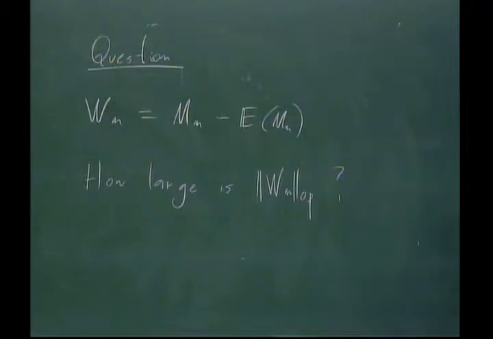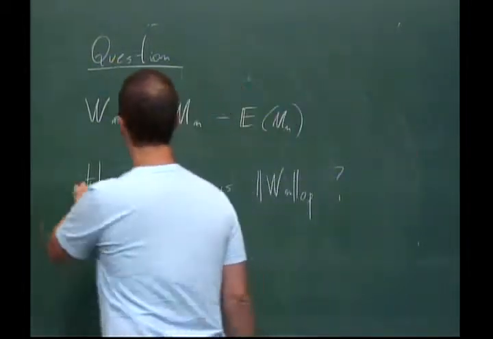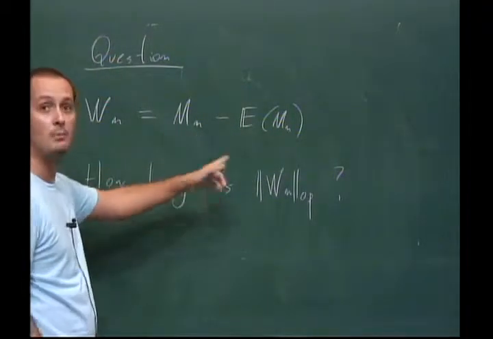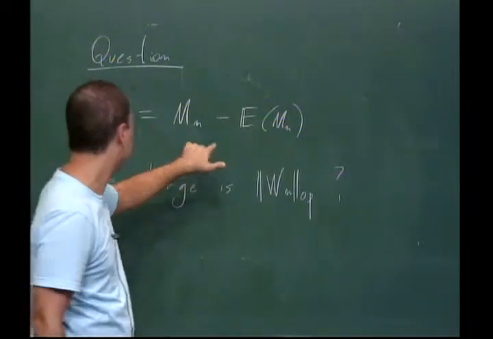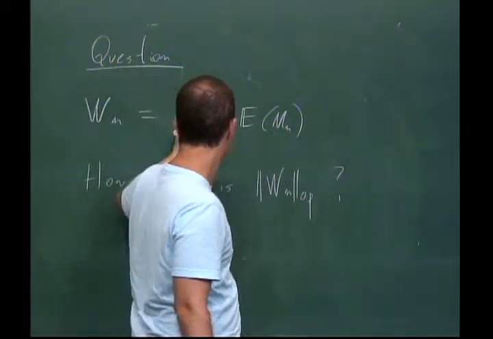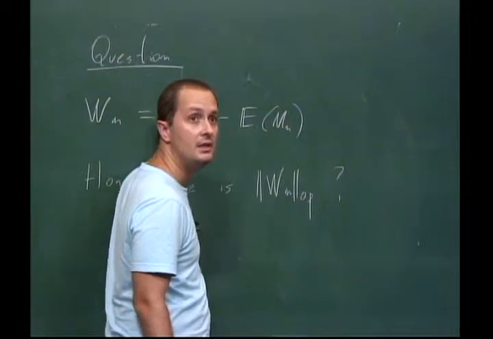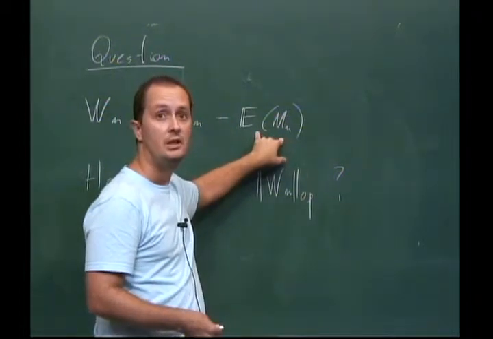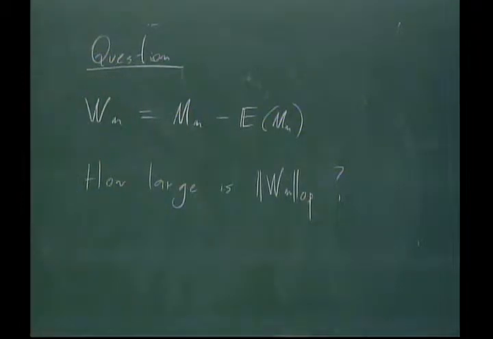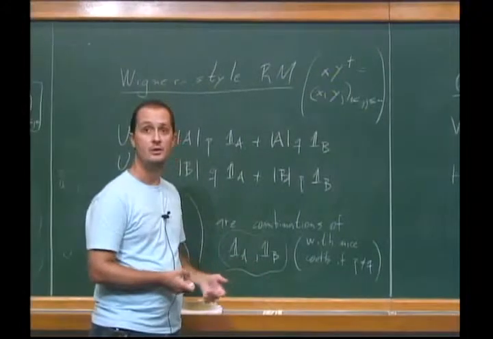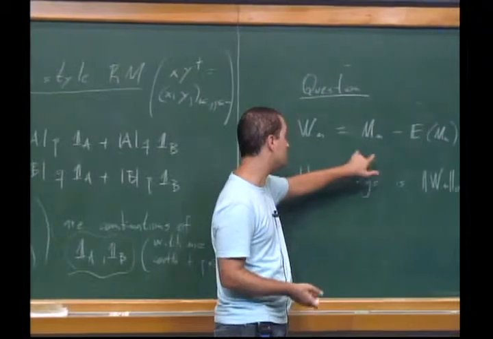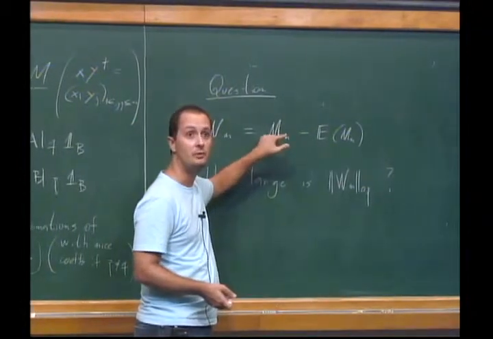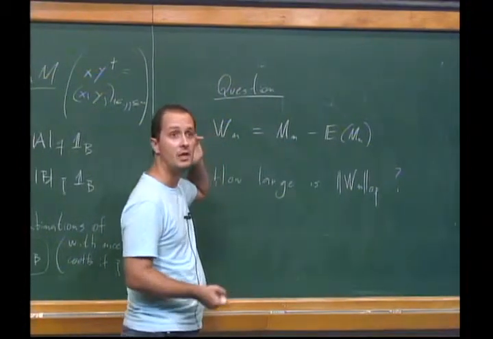Well, we care about this because if we know this norm is small in some sense, then we can hope that this matrix here, which is what we see in the data of the problem, is very close to the expectation. And we know that from the expectation, you can determine A and B. So maybe we can do some sort of approximation and determine A and B approximately from Mn, from the actual data, right?